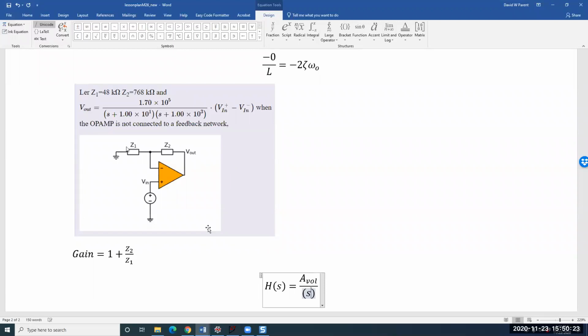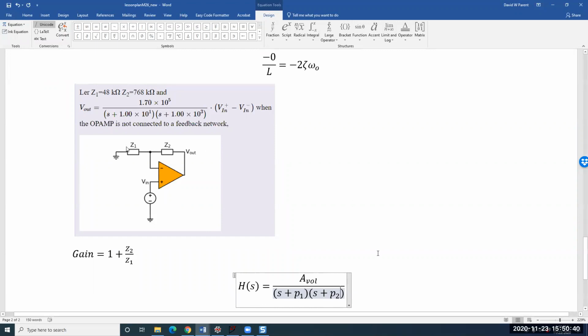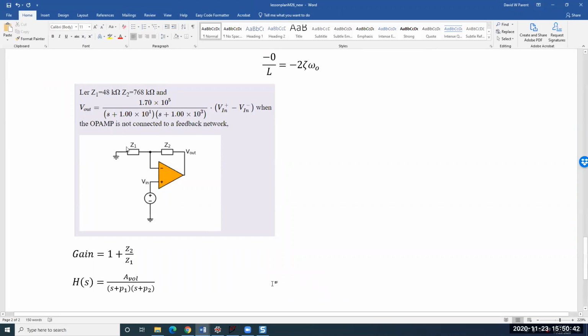And we have S plus P1 over S plus P2. That's the transfer function, okay?